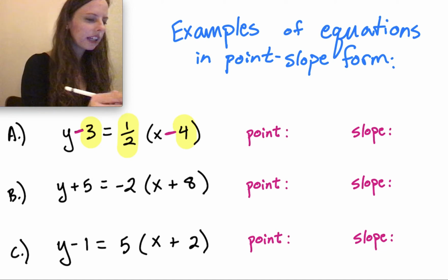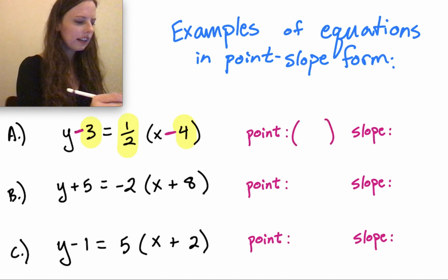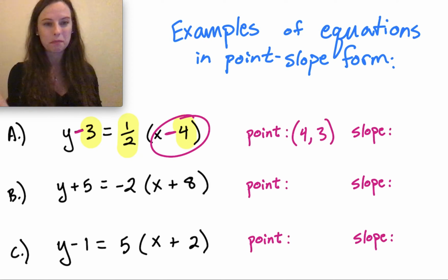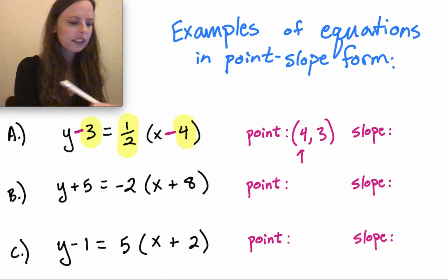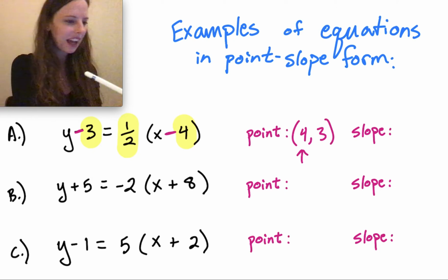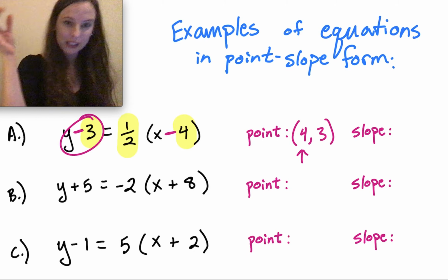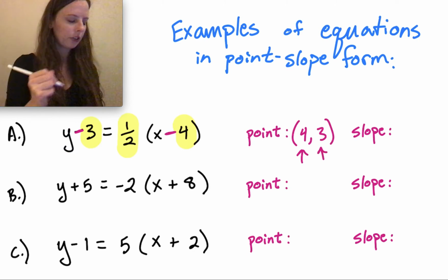So when we're looking at what the point is going to be, 4, 3. So notice, even though the 4 has a minus in front of it in the equation, in the point, it's actually positive. And the same thing is true for the 3. There's a minus in front of it in the equation, but in the point, it's positive 3.